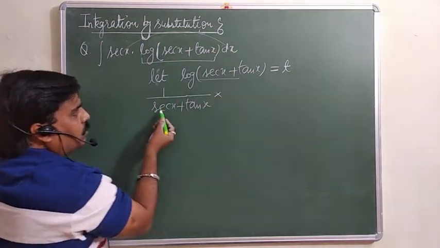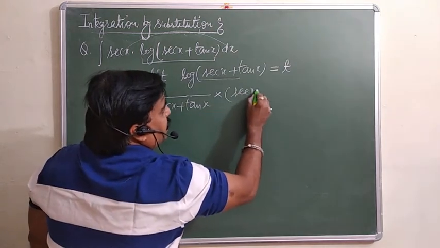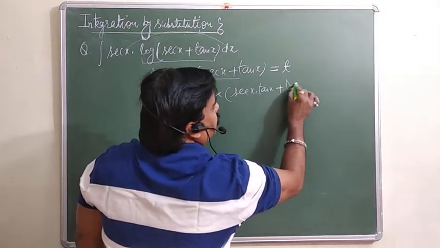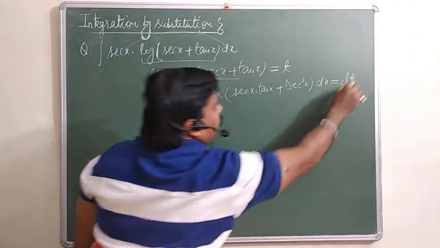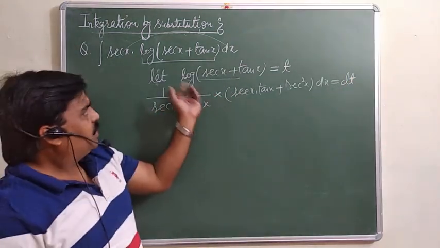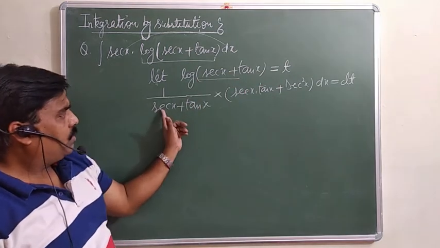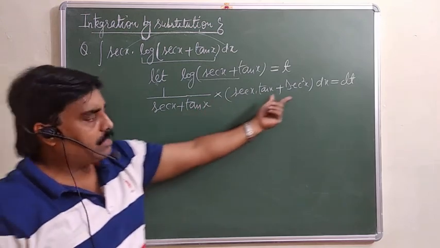Now chain rule: the derivative of sec x is sec x tan x, plus the derivative of tan x, that is sec square x, into dx is equal to dt. Nothing more, simple. You can assume this is equal to t. The derivative of this is 1 over sec x plus tan x, and then again the derivative of sec x plus tan x, that is sec x tan x plus sec square x.